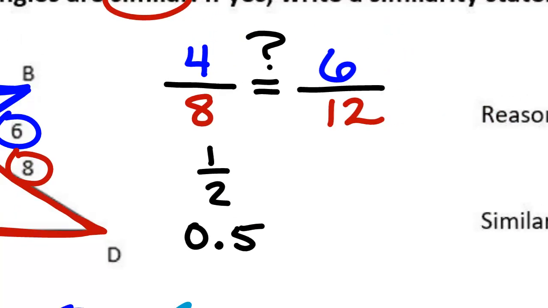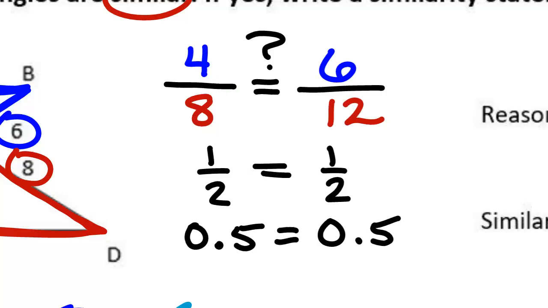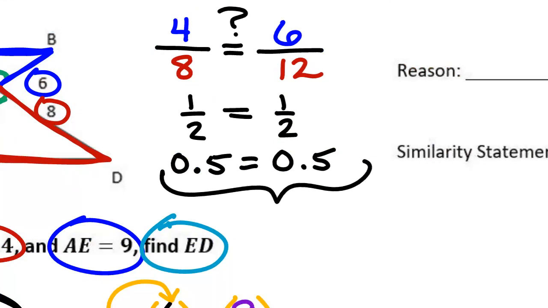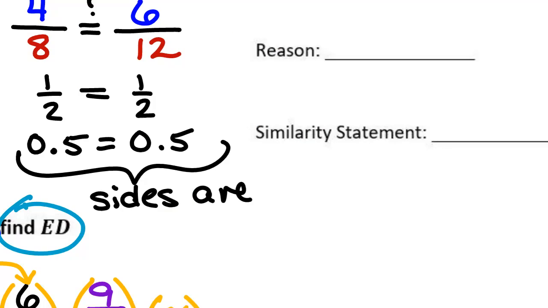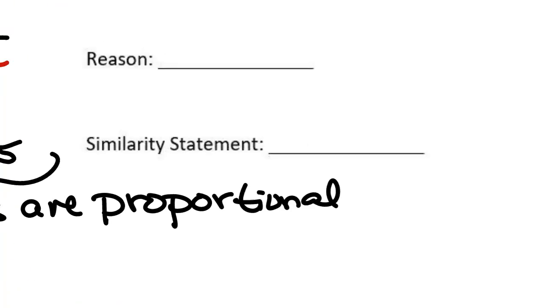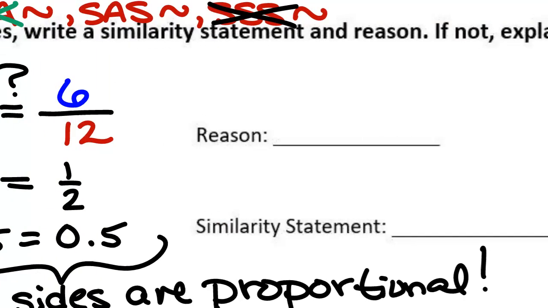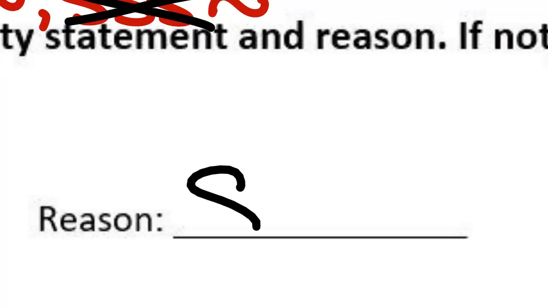What about 6 over 12? Same thing, we get 1/2 or 0.5. Those came out to be the same. So the sides are proportional, which means they are similar. They're similar by side-angle-side similarity.